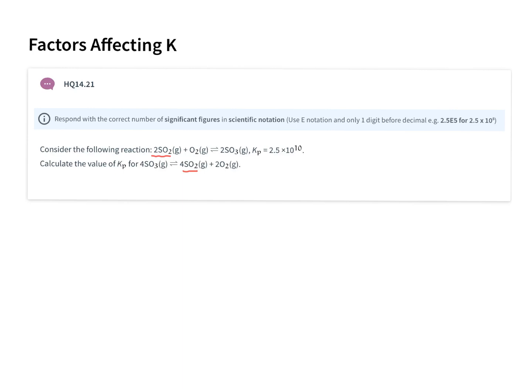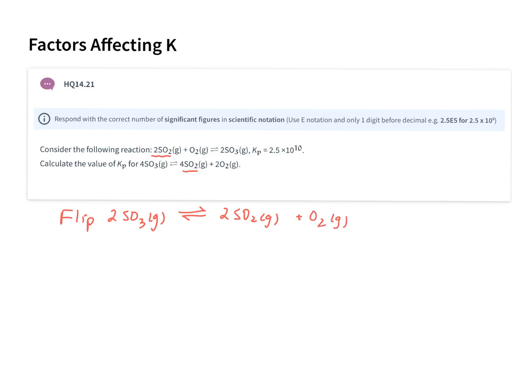In the reaction where we know the value of Kp, sulfur dioxide is the starting material. So the first thing we should do is flip the reaction. So we're going to flip the reaction and turn it into 2 molecules of sulfur trioxide at equilibrium with 2 molecules of sulfur dioxide and 1 molecule of oxygen.